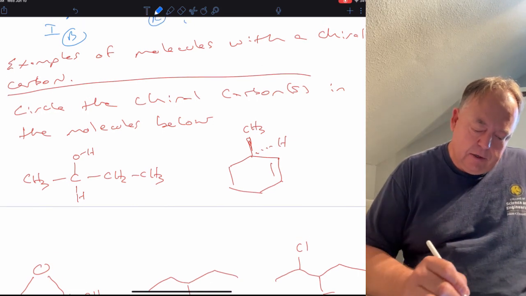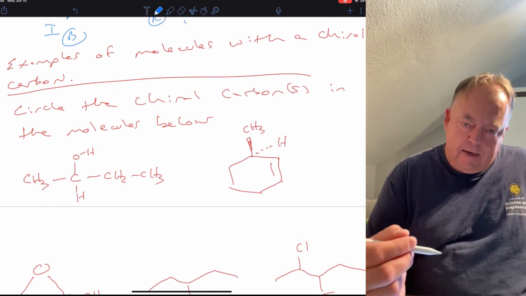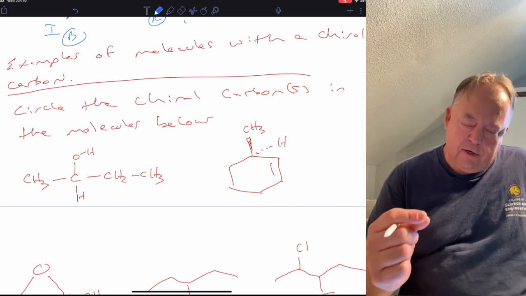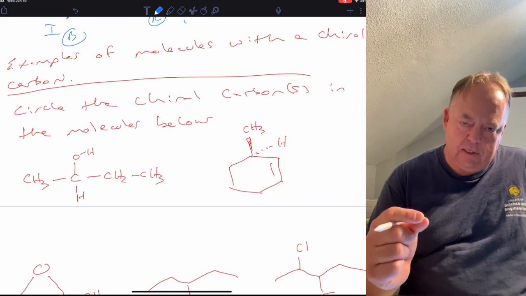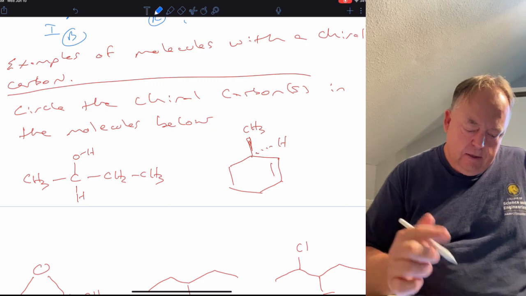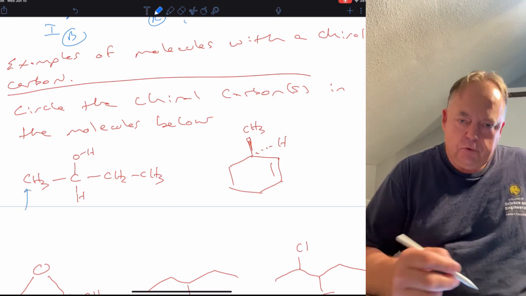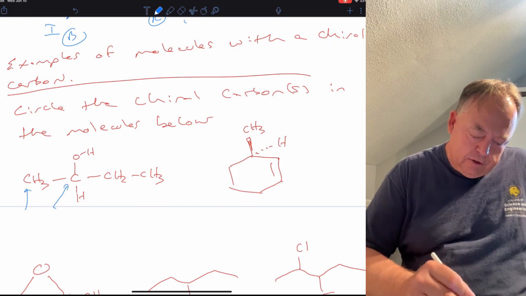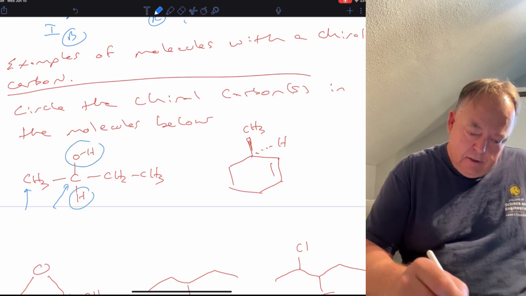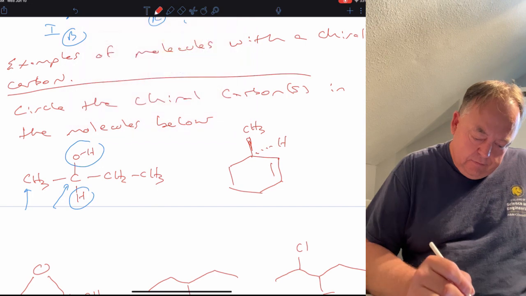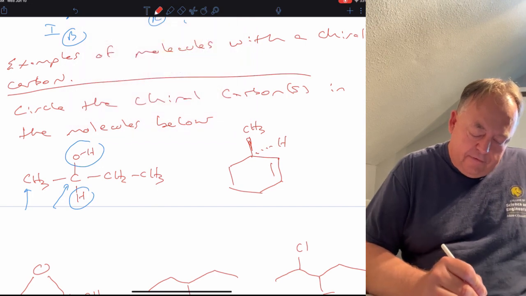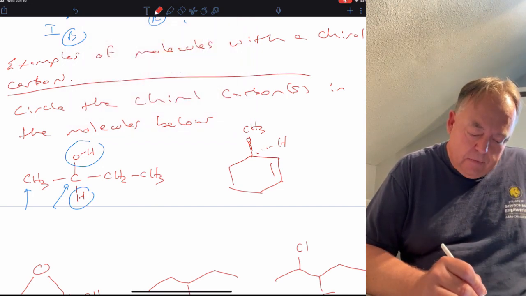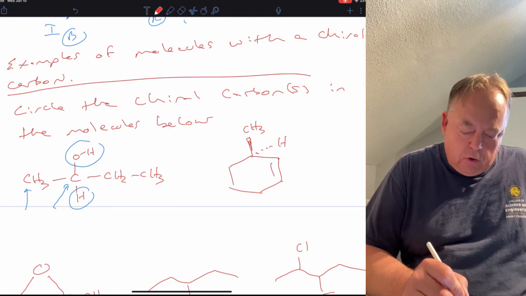So in this first molecule, for example, you have to find an atom that has 4 different things attached. If it has 2 of the same things, it is not chiral. So this carbon, for example, has 3 hydrogens, it is not chiral. This carbon has an OH, a hydrogen, and going to the left, you run into a carbon, and going to the right, you run into a carbon.